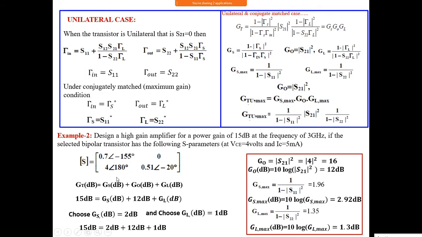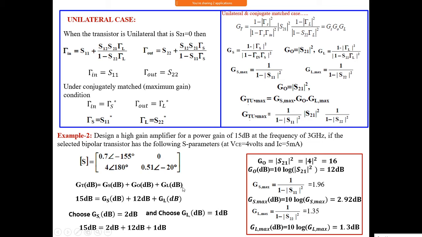Calculate G naught: how much can I get? 12 dB only, but I want 15 dB. How to get that? That is from GS and GL. So for this problem we want GS 2 dB and GL 1 dB. Similarly, for other problems, you should see what the values of GS and GL are.